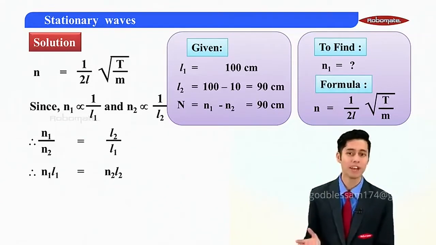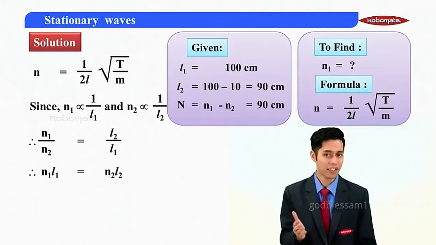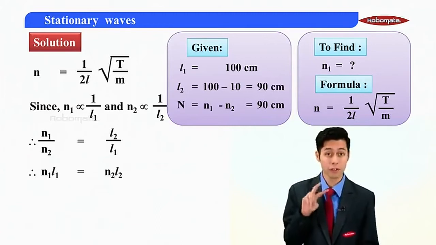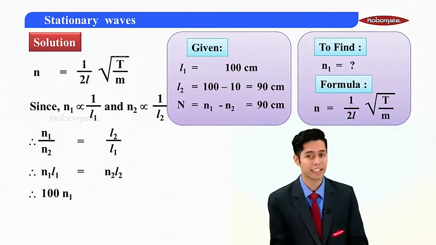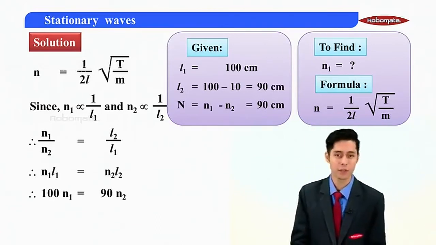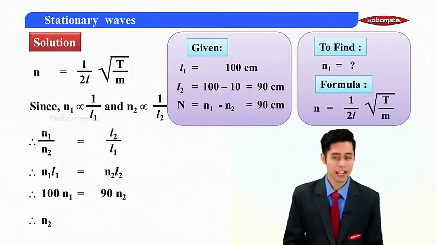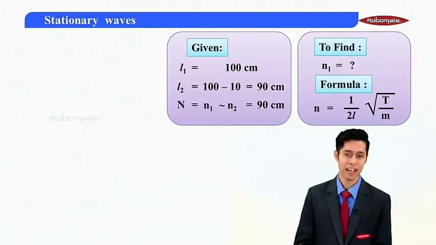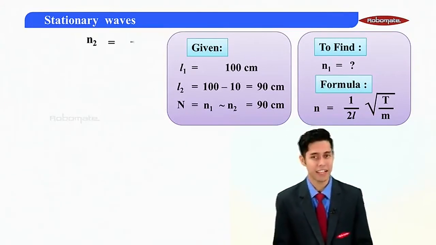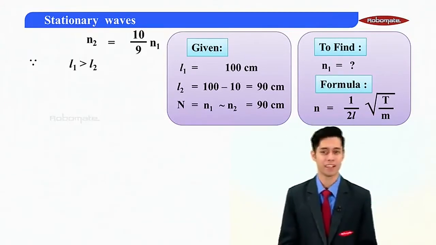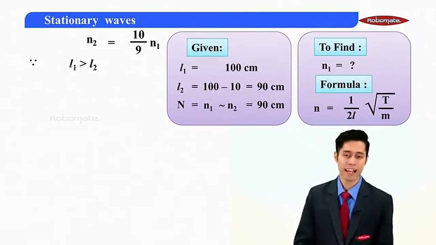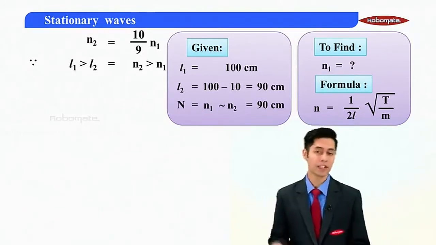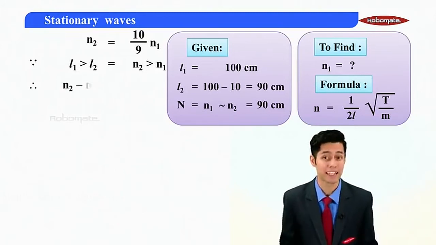Students, we know the value of length, that is L1 as well as L2. So substituting those values in this equation, I'll get 100 N1 which is equal to 90 N2. So can I say N2 is 100 upon 90 N1, and on cancelling I get N2 as 10 by 9 N1. As we know that L1 is greater than L2, we have concluded that N2 must be greater than N1.